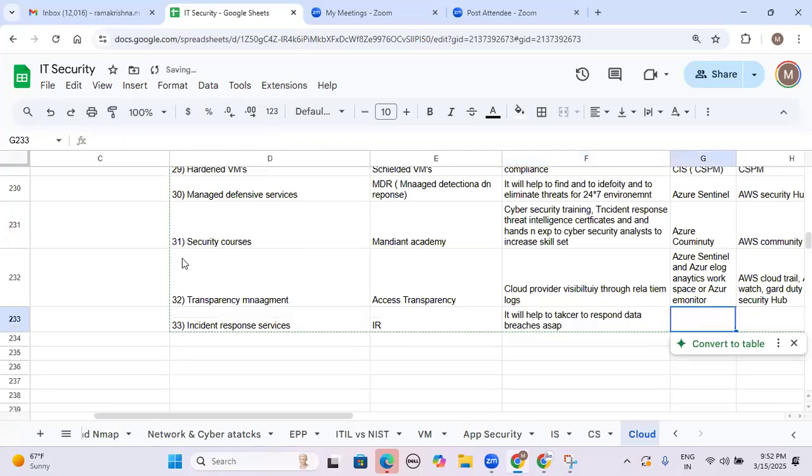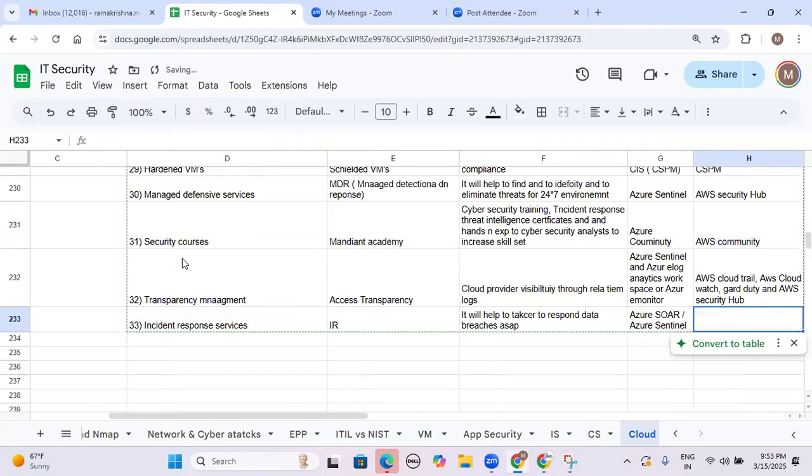So that is called incident response services. On Azure we can call this Azure SOAR or Azure Sentinel. On AWS, this is AWS Security Hub or AWS GuardDuty.